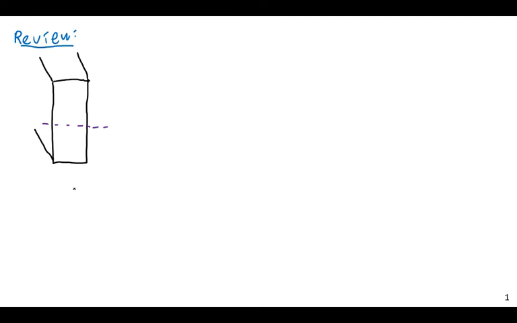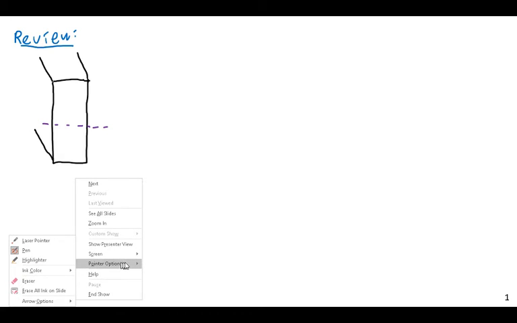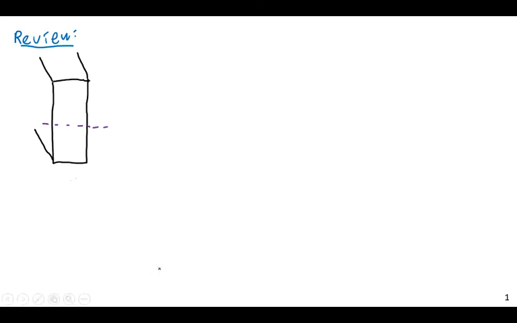There we go. Let me label the neutral axis. The neutral axis, again, is the location where bending is 0. There is no tension or compression from bending. There will be no stress or strain from bending at the neutral axis.